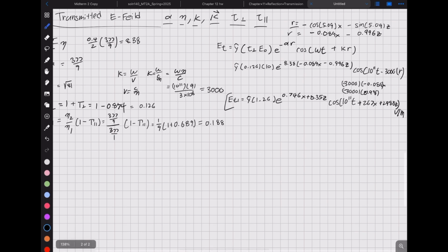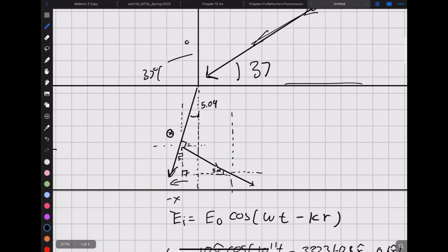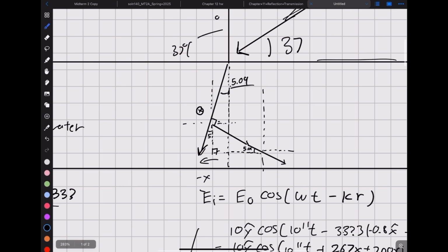And then let's move on to ET of 2. Should be the same process, fairly simple. But this time the direction is a little different. From Snell's law, we know that this is 5.09 angle. Using these dashed lines here, we know this is a similar triangle.